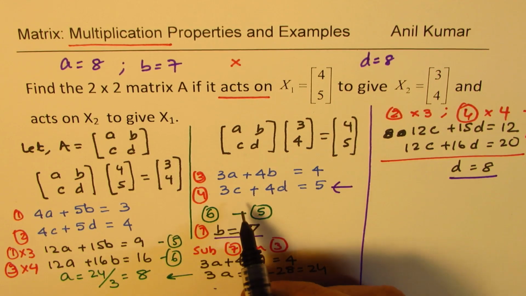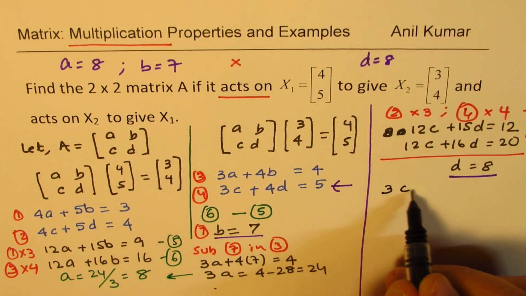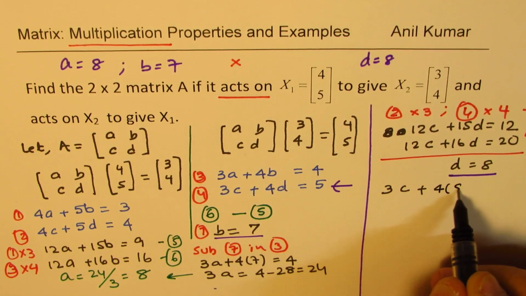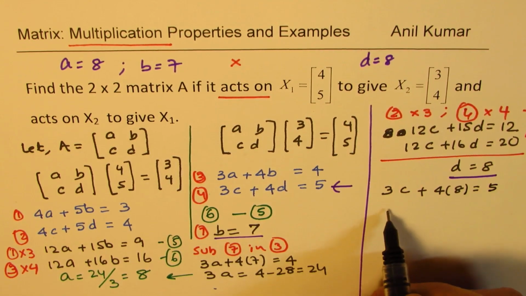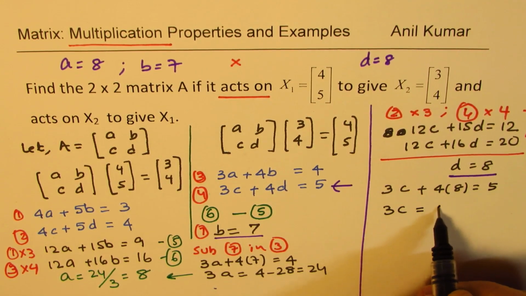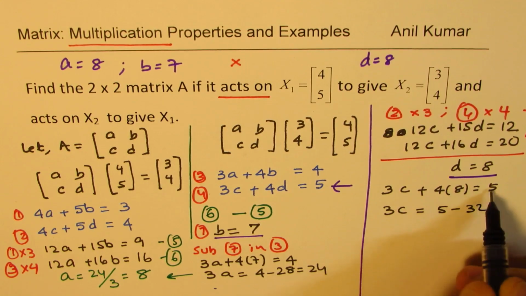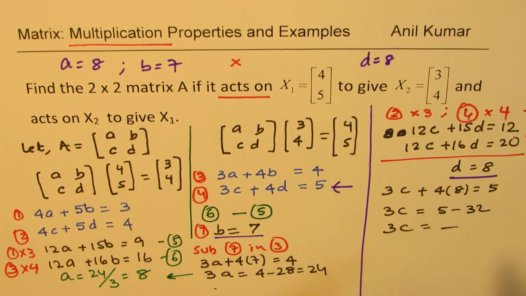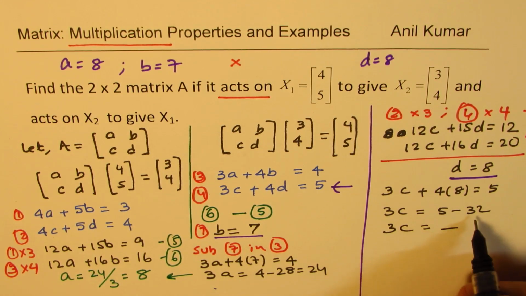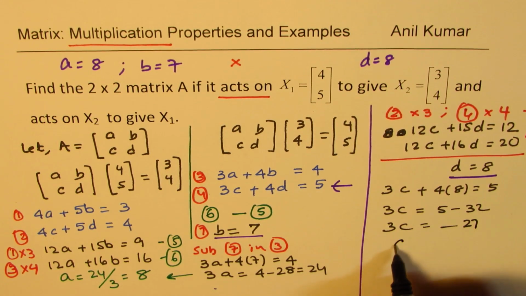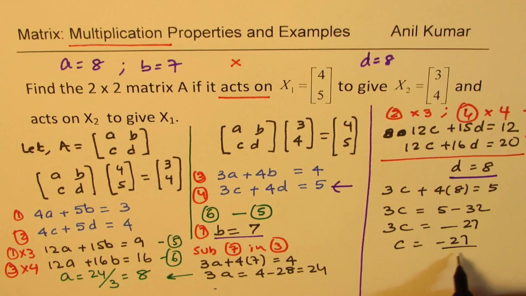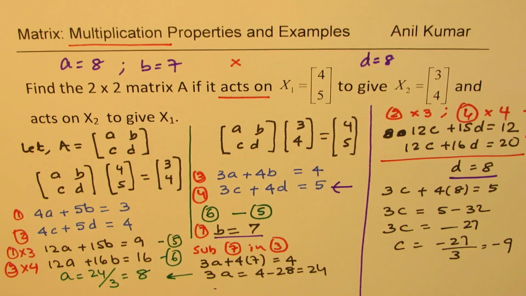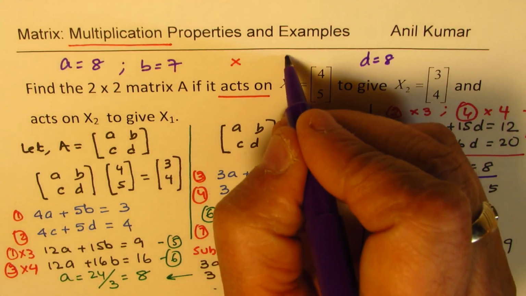We get 3c plus 4 times 8 equals 5, so 3c equals 5 minus 32, which is minus 27. And c equals minus 27 over 3, which is minus 9. So we get the value of c as minus 9.